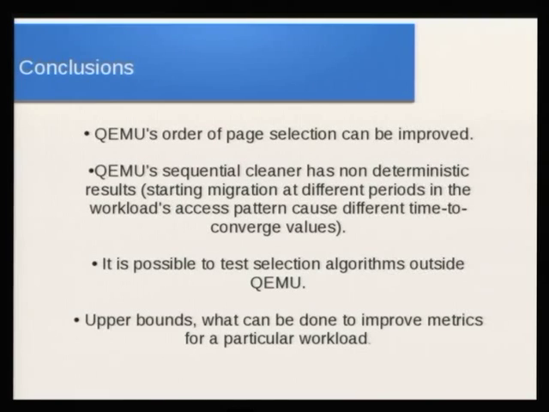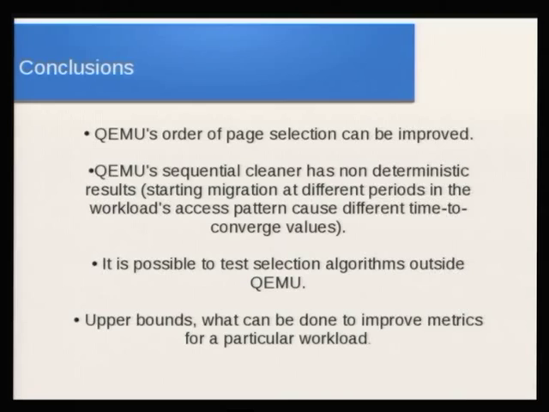The conclusions from this study are that the order of page selection on QEMU can be improved, and that the sequential cleaner has non-deterministic results: if you have a sequential writer, depending on when you start the QEMU migration, you'll finish at different times.